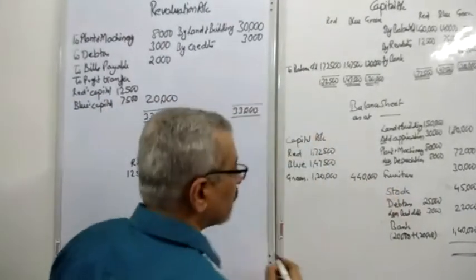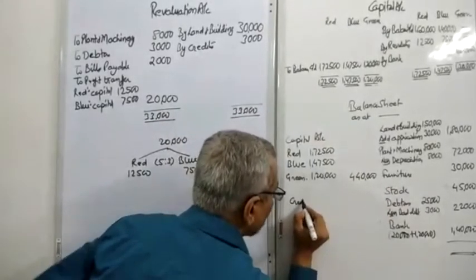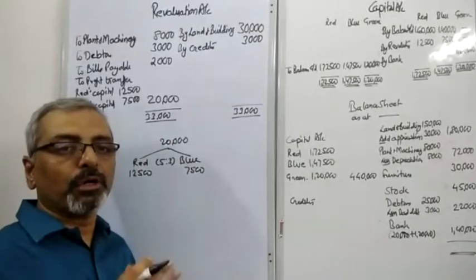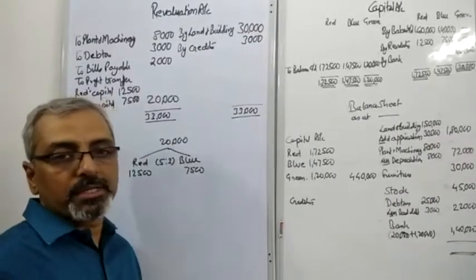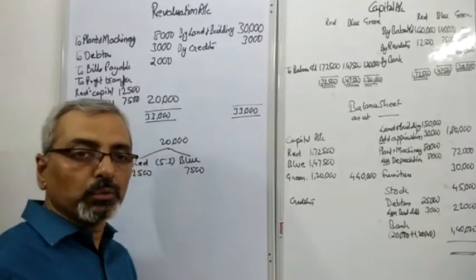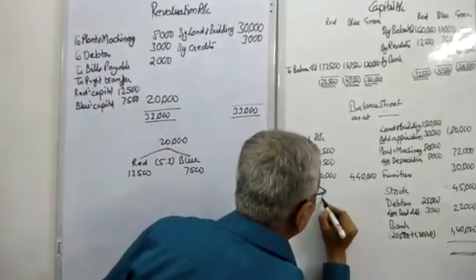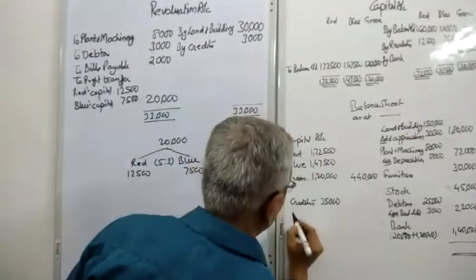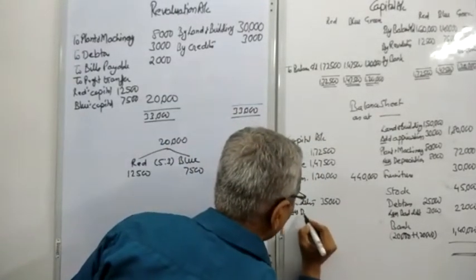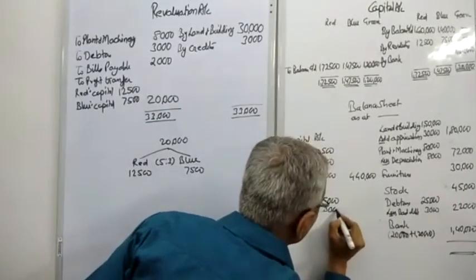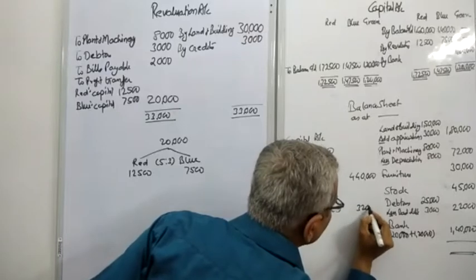Now after that we have creditors, and if you remember, both creditors and bills payable have got adjustment. The value of creditors has decreased by 3,000 and the value of bills payable has increased by 2,000. What is the value of creditors given over here? 35,000, and you can see over here it has decreased by 3,000. So let's write decrease, don't write depreciation over here, it is decreased, 32,000.